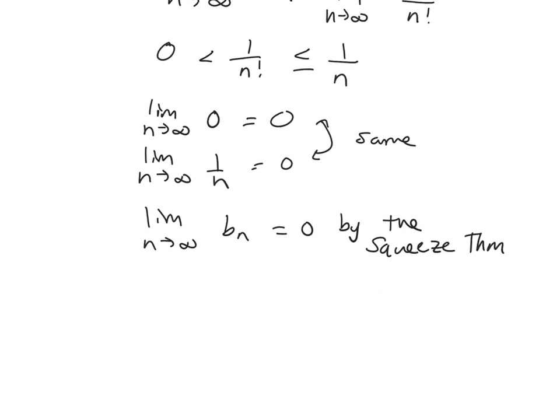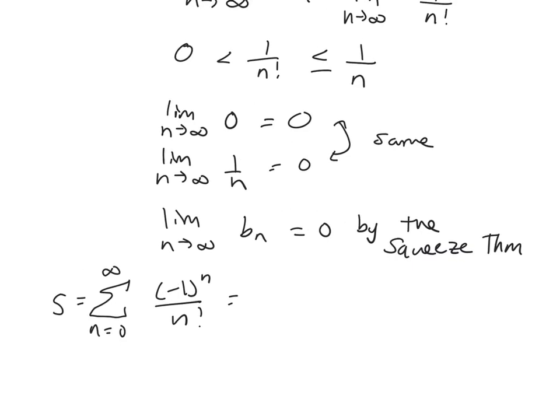So I'm going to have to take a partial sum. So let's take our series here, which was the sum from n equals 0 to infinity of (-1)^n over n factorial, and start writing out some of the terms. Our S is the sum, so let's start by writing out some of the terms here.